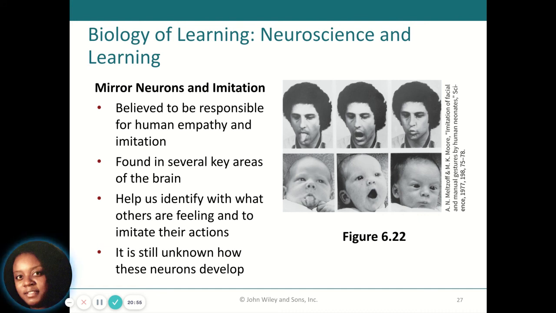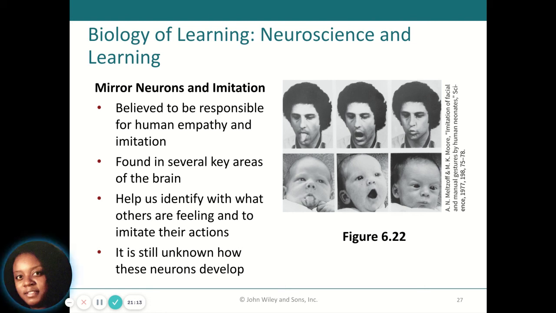So if we think about it, what biologically is going on when people learn? What's going on in their brain? Research has told us that there's something called mirror neurons, which tell us how people can imitate others.